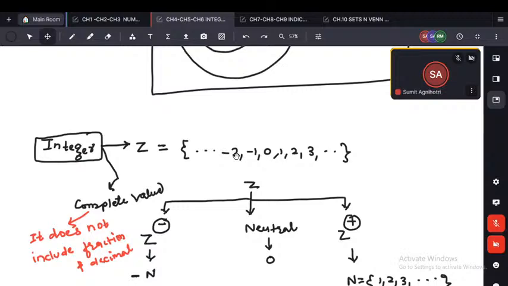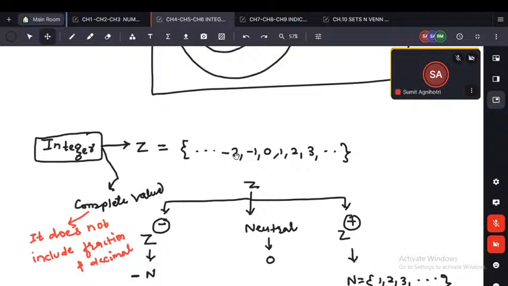Okay, and when you say that you can represent all numbers, towards the left there are negatives, towards the right there are positives, then you are actually talking about real numbers, not exactly integers. But if you represent only the complete values, like you are representing 0, that is a neutral number, and all these complete values towards the left and towards the right, then you will say you are representing integers.